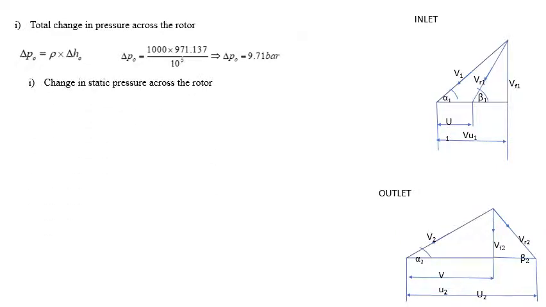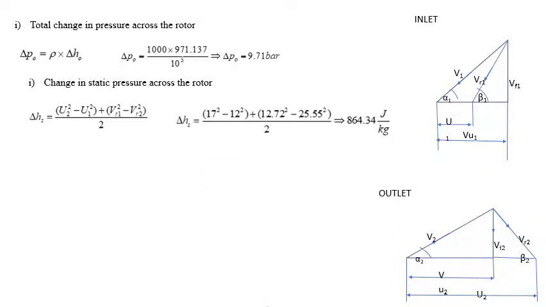Change in static enthalpy across the rotor is calculated by using the formula delta Hs is equal to U2 square minus U1 square plus VR1 square minus VR2 square, divided by 2. So then change in static enthalpy across the rotor is equal to 864.34 joules per kg.